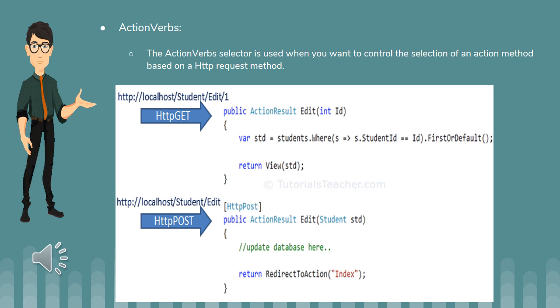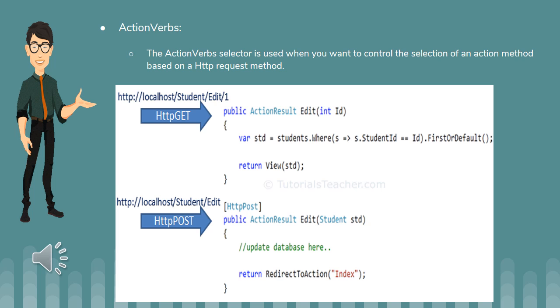In this section, you will learn about the action verbs selector attributes. The action verbs selector is used when you want to control the selection of an action method based on the HTTP request method. For example, you can define two different action methods with the same name, but one action method responds to an HTTP GET request and another responds to an HTTP POST request.